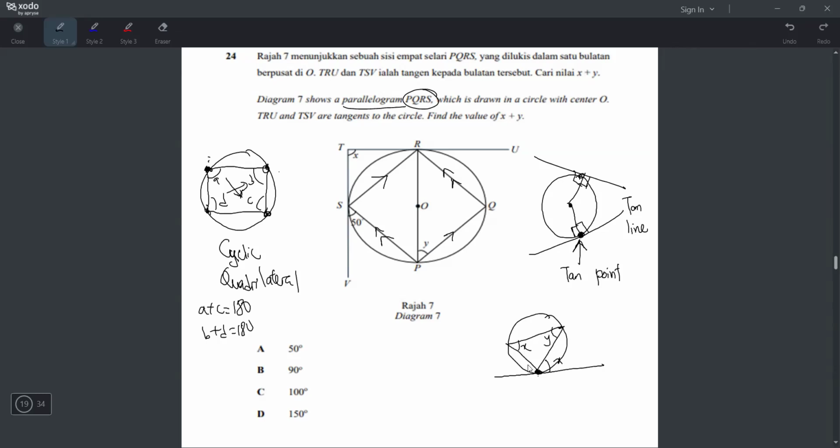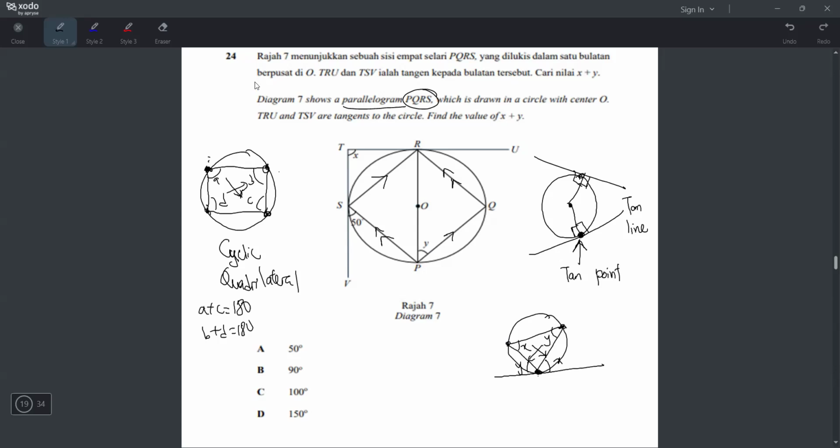And then this angle will be the same as this angle, so the arrows will be like this. But you have to make sure that these two corners are on the circle. They have to touch the edge of the circle before you can apply this. Why I mention all this is because you need this knowledge to answer this question.